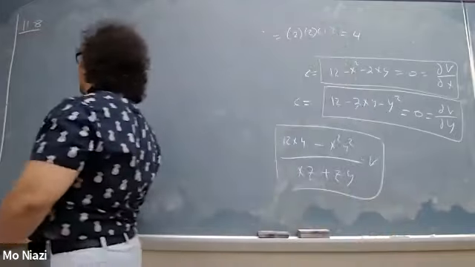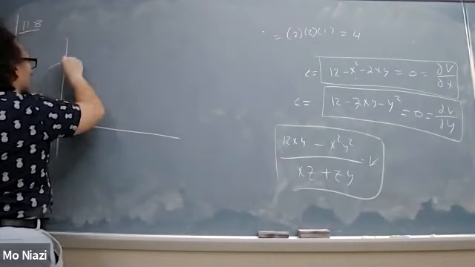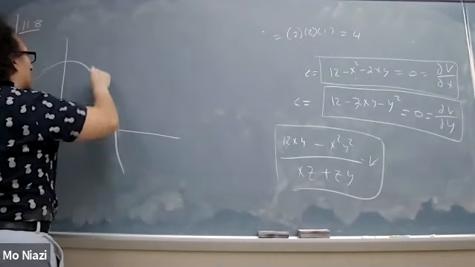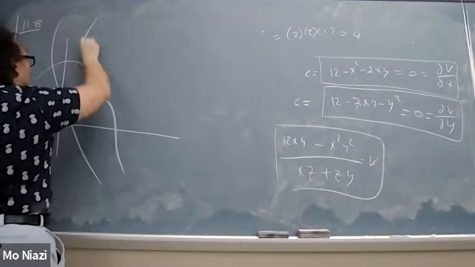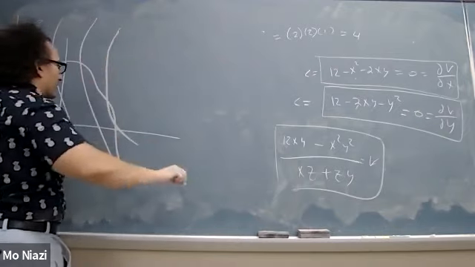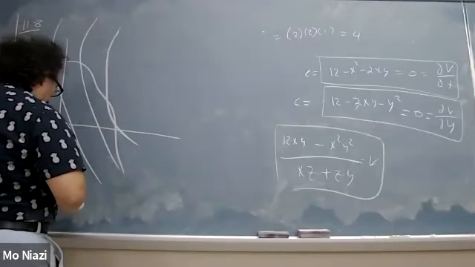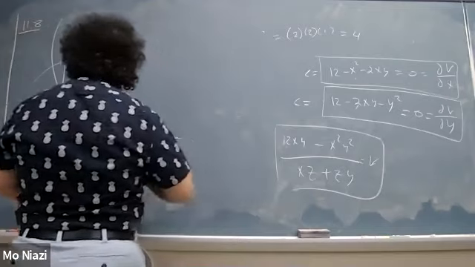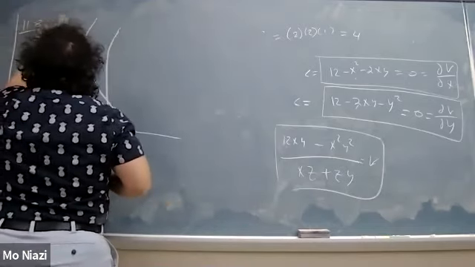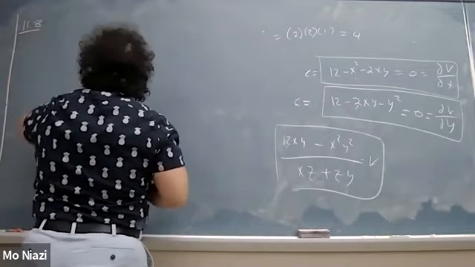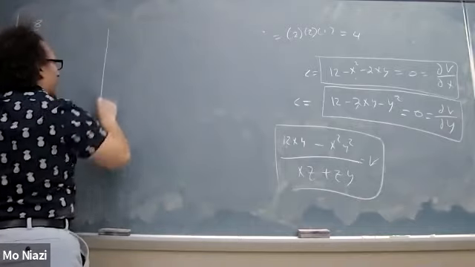So here's the theory. Let's say you have a function, and let's say these are the level curves of your function. I didn't really draw this well for it to be apparent. Maybe I should use different colored chalk. So here are our axes.